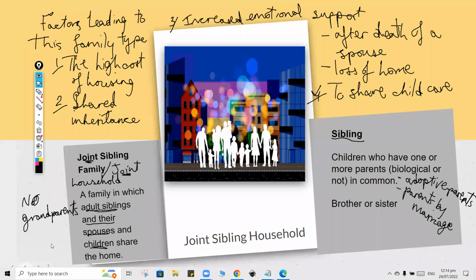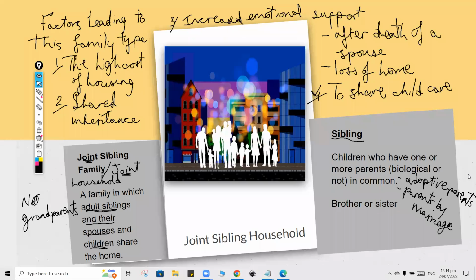All right, so number 1 is the high cost of housing. Number 2 was the shared inheritance. Siblings and cousins who also have siblings living together. Yes, I suppose that would be a joint household too. The idea of a joint household is siblings in the same generation, so no grandparents.